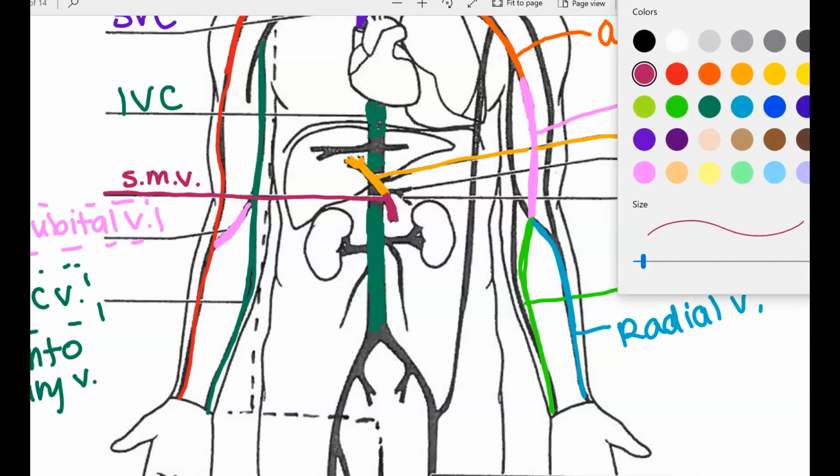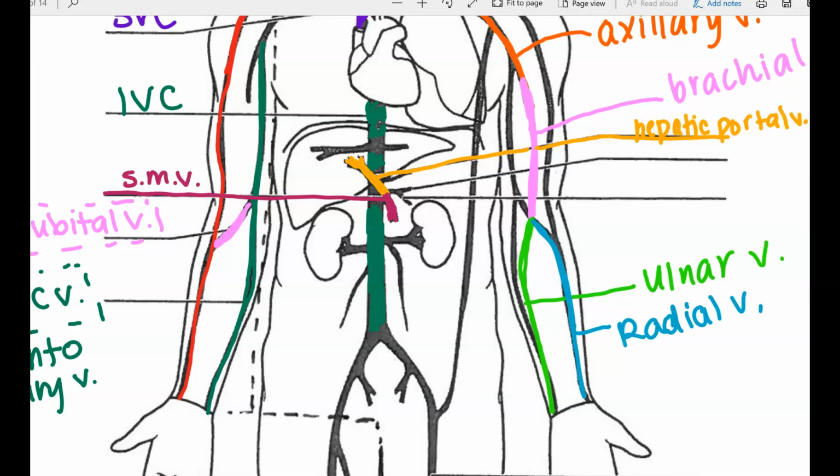Now the other vein that drains into our portal vein is going to be this splenic vein. And we'll draw this line out here. Splenic vein. And we had a vein that drained into our splenic vein, and that was our inferior mesenteric vein.